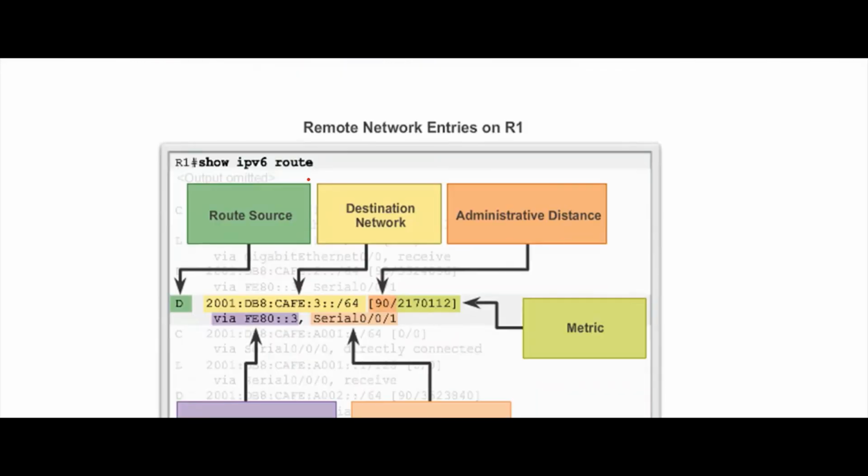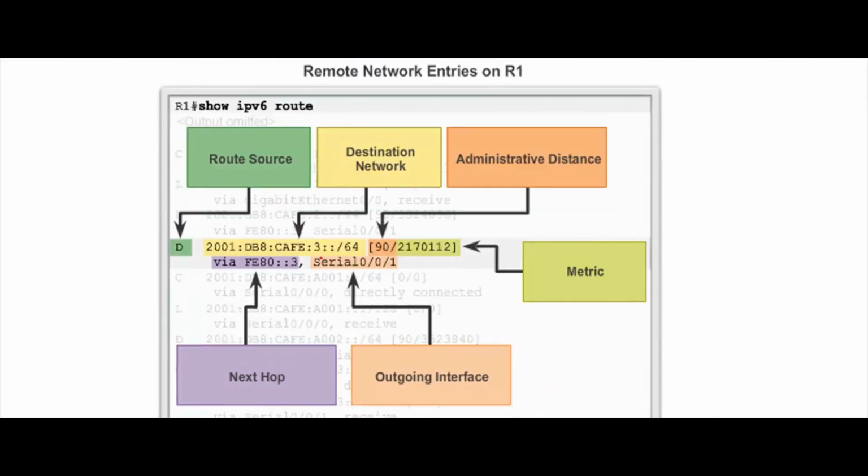Now you can see this is a remote entry. D is the name of the protocol, the protocol which is giving this information. We already discussed this is the destination. Then this is the administrative distance value, which is 90. Before we saw 120.